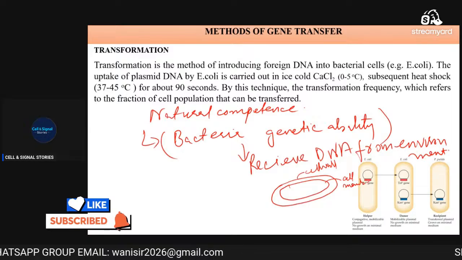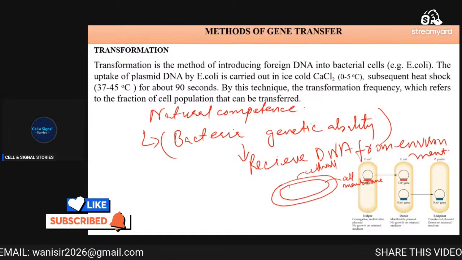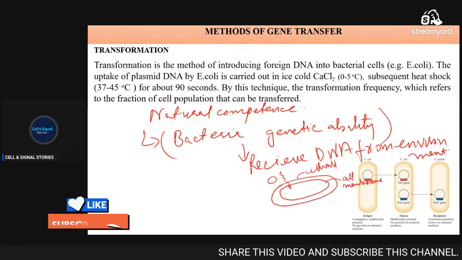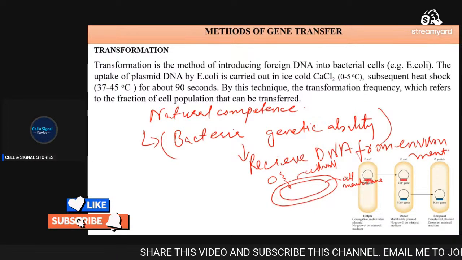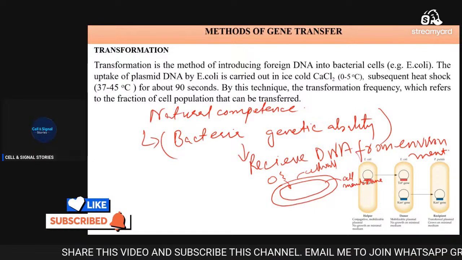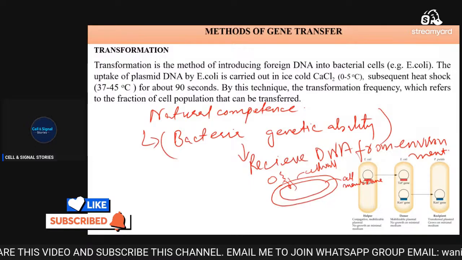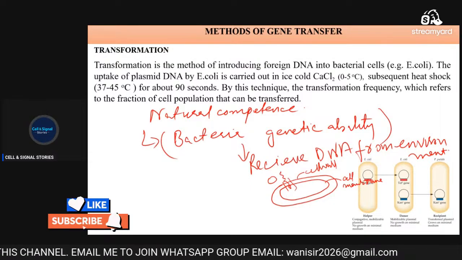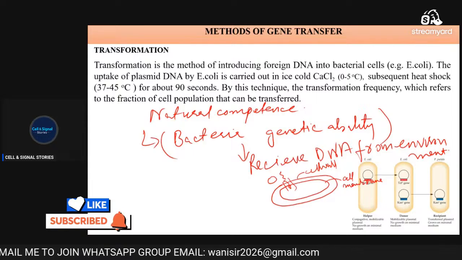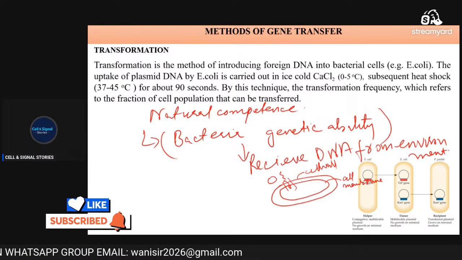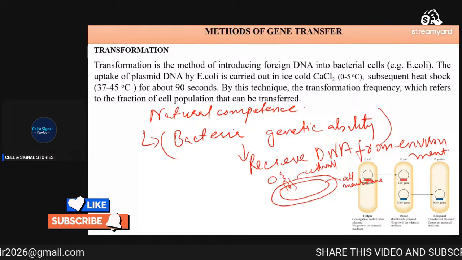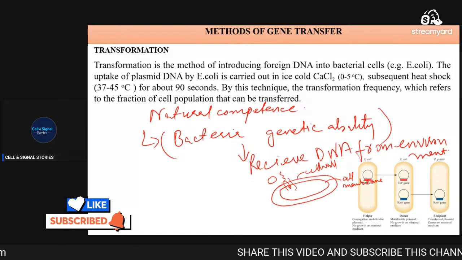This foreign DNA needs to enter through both of these. We can't artificially make a pore in the bacterial cell wall and then introduce the DNA. So we need to develop a condition through which the bacterial cell wall and the cell membrane will facilitate entry of the DNA into the bacteria.